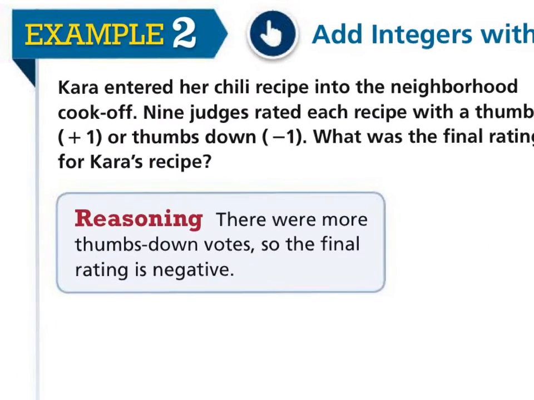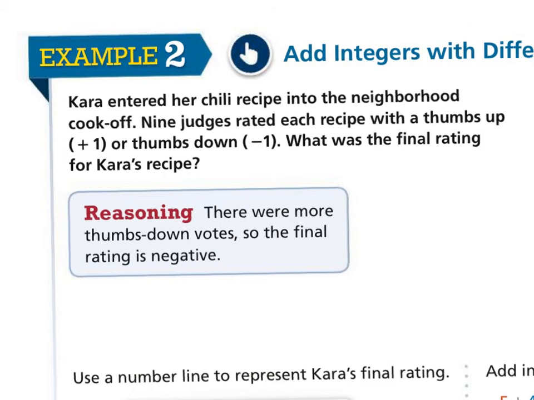Example 2, Kara entered her chili recipe into the neighborhood cook-off. 9 judges rated each recipe with a thumbs up, +1, or a thumbs down, -1. What was the total rating for Kara's recipe?